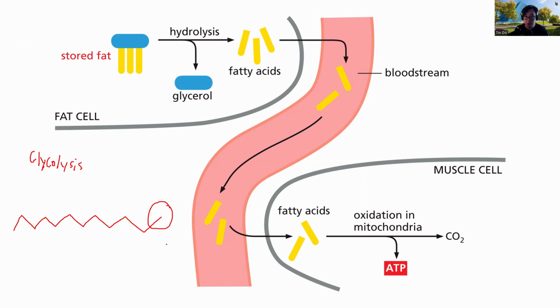Hence why burning fat is better in aerobic exercise versus anaerobic exercise. If you really want to burn fat, you have to nudge the beta oxidation process so that it can go through this. Now, remember, there are other ways that we can digest or form energy from other macromolecules.